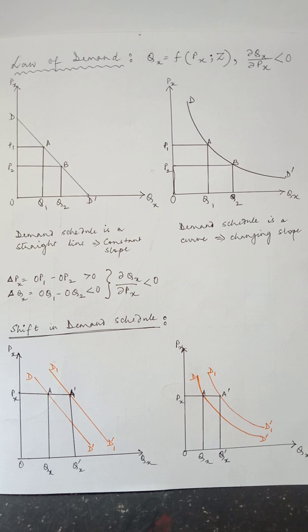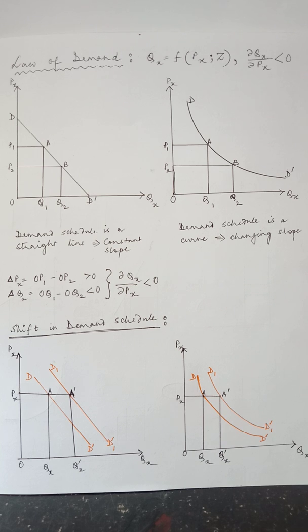And in case of a change in the demand, there will be a total shift of the demand schedule, and we will not move along the demand curve. We will always see that the demand schedule will be shifting to the right if the demand for the commodity in question, that is in this case X, is increasing, and if the demand for X is decreasing, the demand schedule will shift to the left.